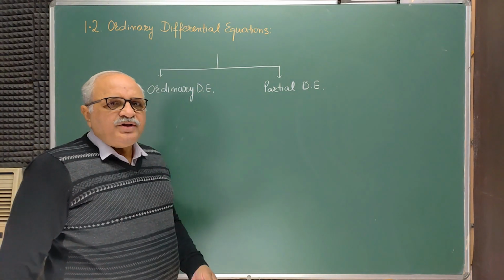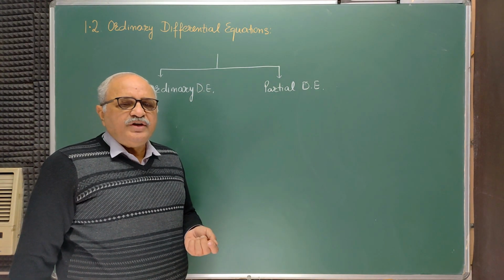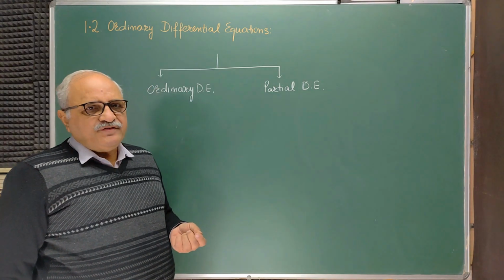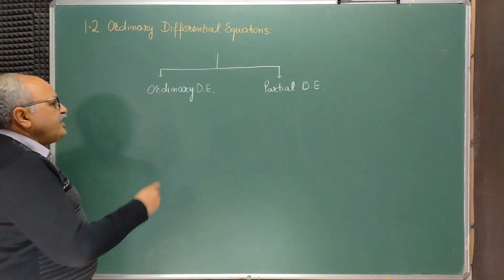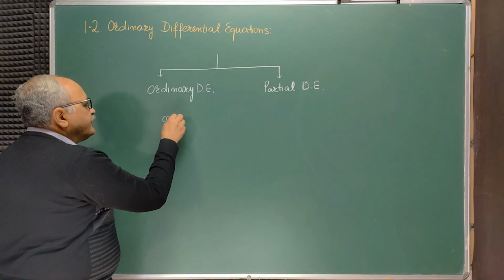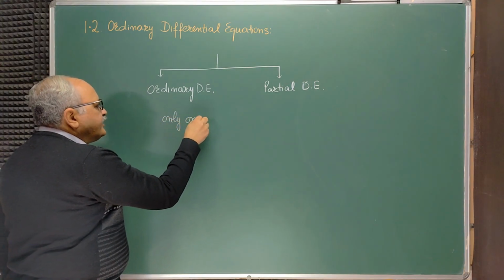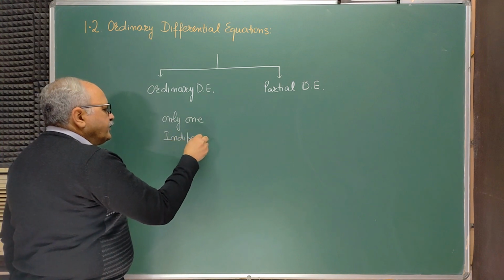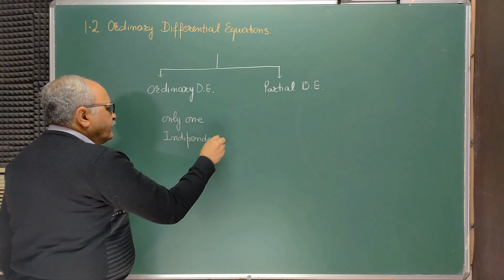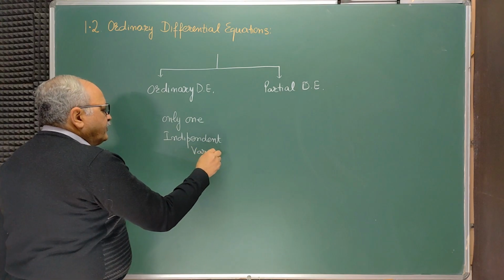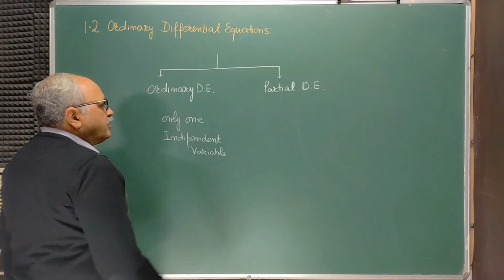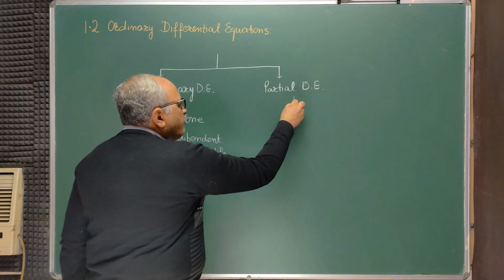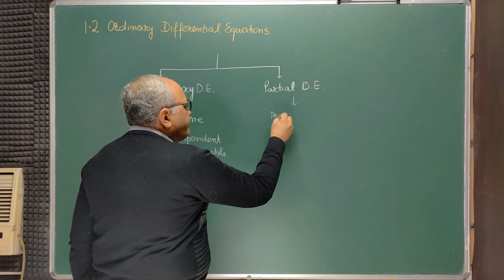Now the difference between the ordinary differential equation and the partial differential equation is, here we have only one independent variable. But in this case, we have more than one independent variable.